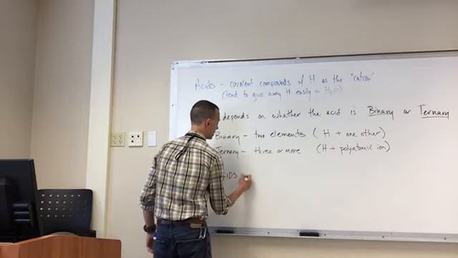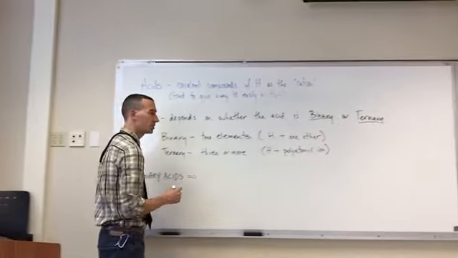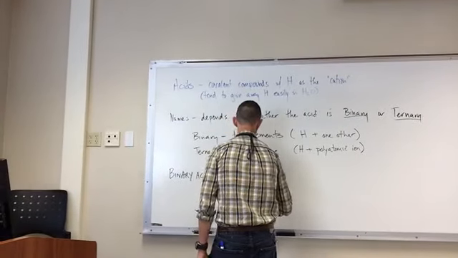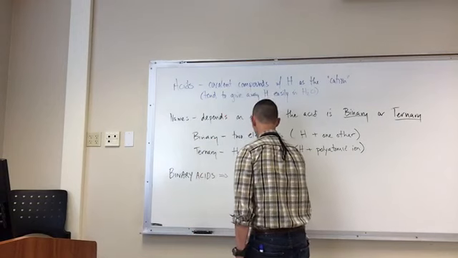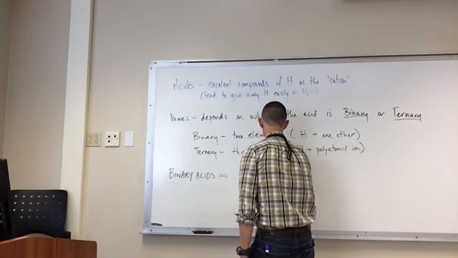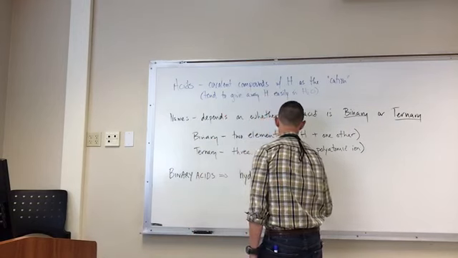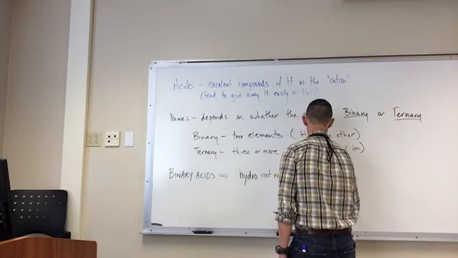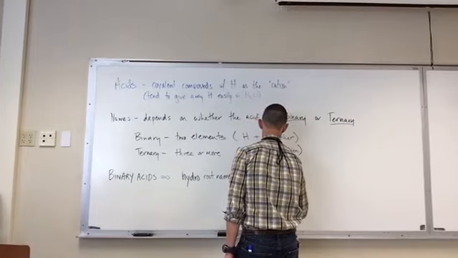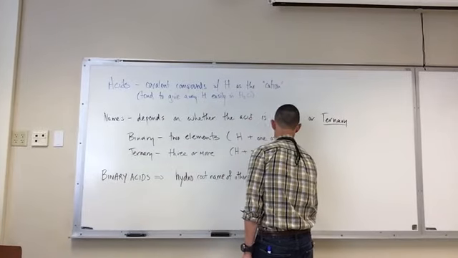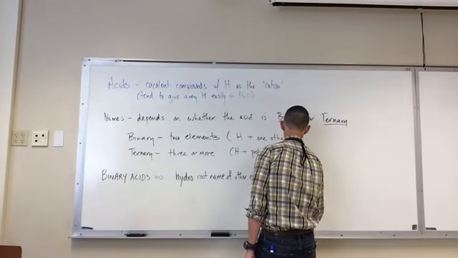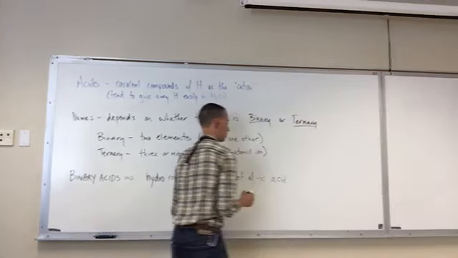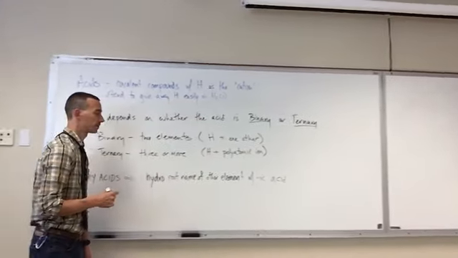Binary acids. The name will follow this pattern. Hydro is always the first part of the name. The root name of the other element. And then the suffix IC and the word acid.